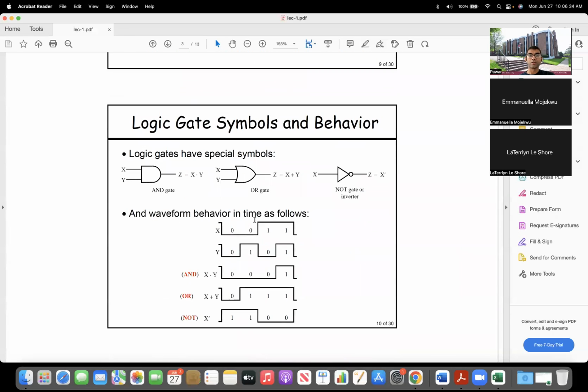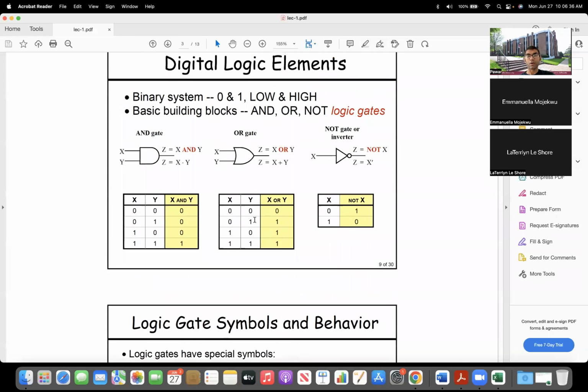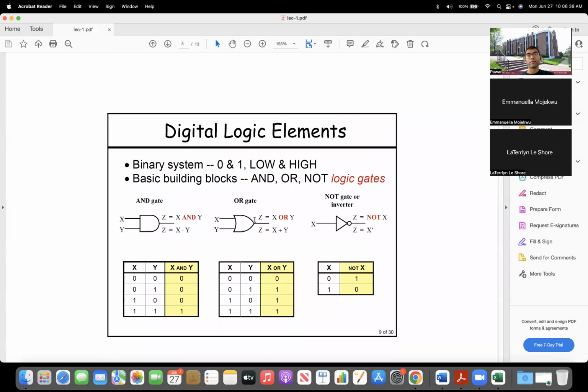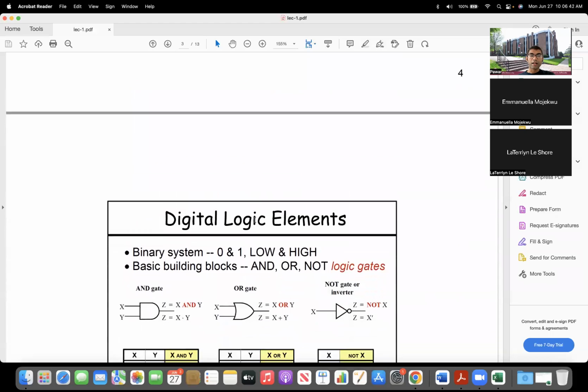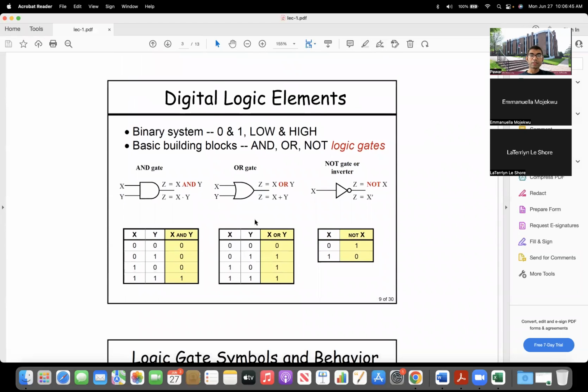logic, right? So this is where things start from with digital logic, and those are these gates, right? So we briefly looked into what these gates are in the last class, and essentially it's just as the name suggests, right?